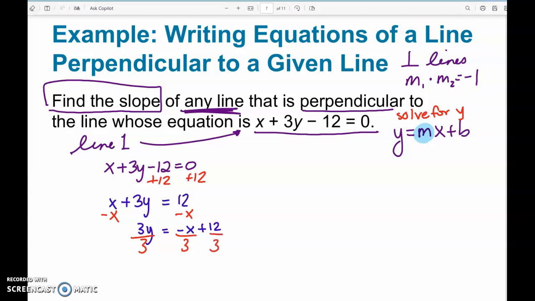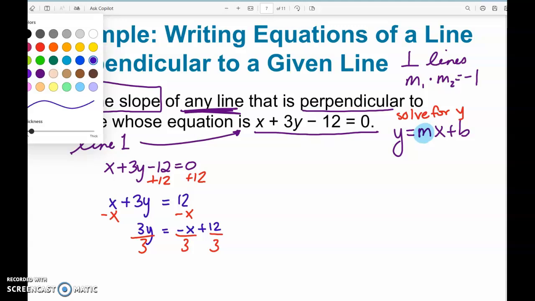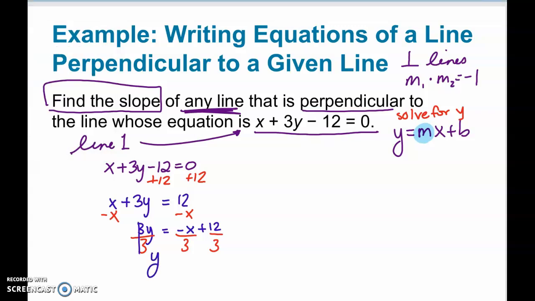The 3 divided by 3 will be 1y, and then I'll have -x over 3, or I can pull that out in front to say -1/3 x, and then plus 4.